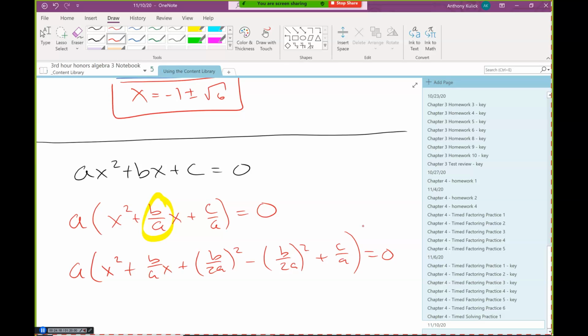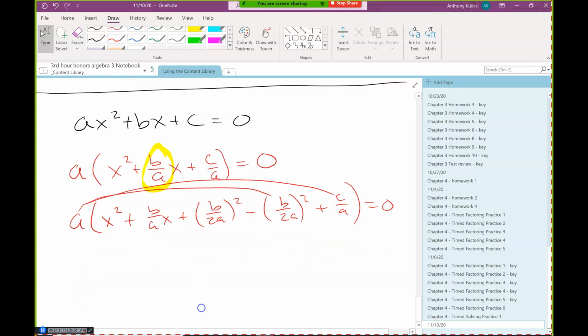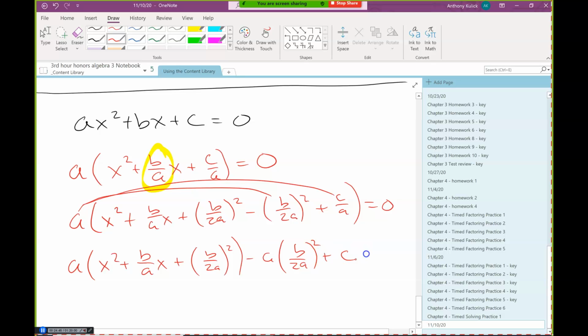Okay. The next thing I would want to do is I want to kick those last two values out of my parenthesis. Notice that I just wrote C at the end rather than A times C over A, right?